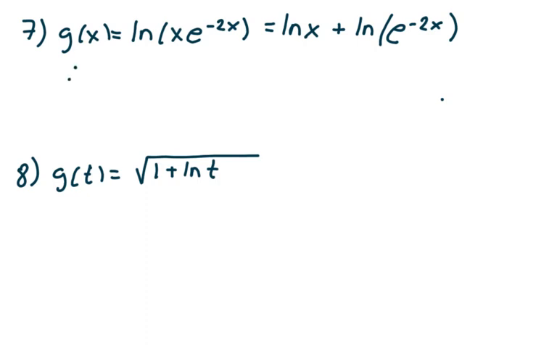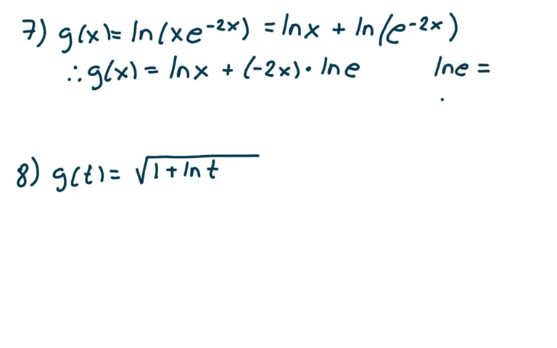And so, therefore, g of x is equal to natural log of x plus negative 2x times natural log of e. So the exponent is negative 2x, and we can pull that out in front of the natural log. But remember that natural log of e is equal to 1. And so this is g of x equals natural log of x minus 2x.